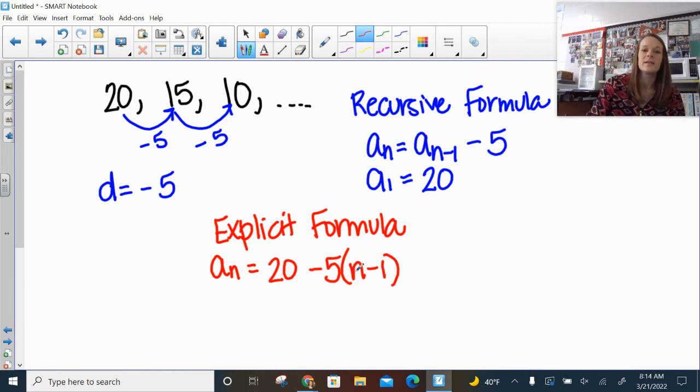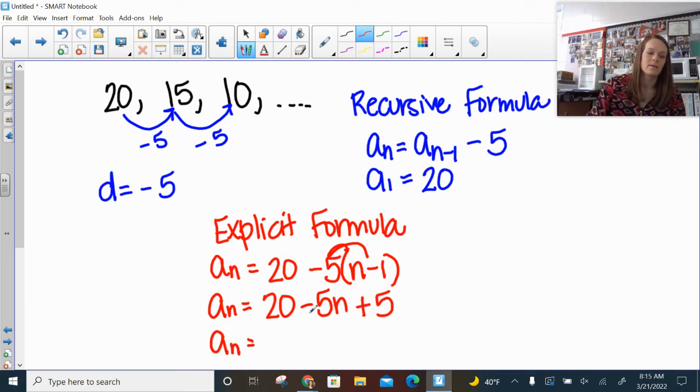The parentheses here in the explicit formula is always n minus 1. Okay, to simplify, I'm going to multiply. So -5n plus 5.